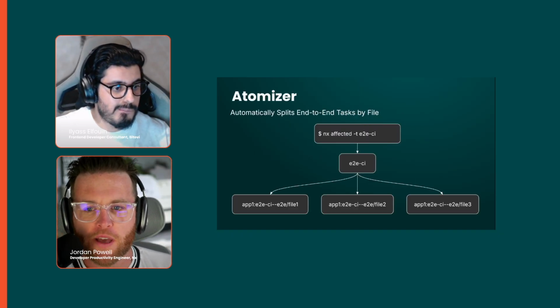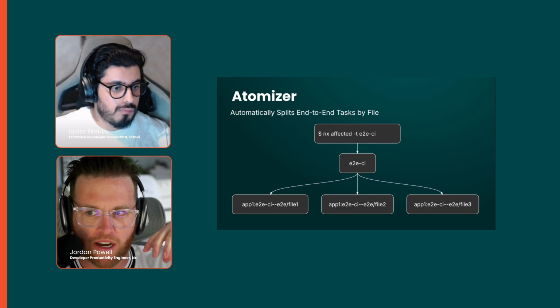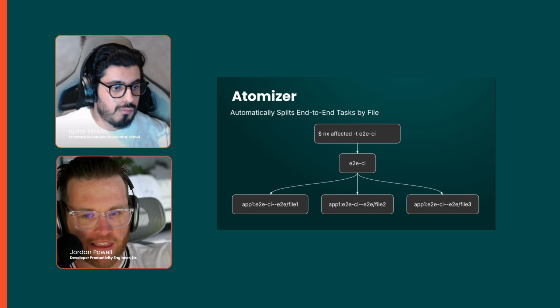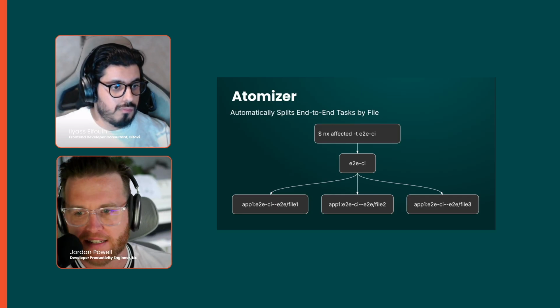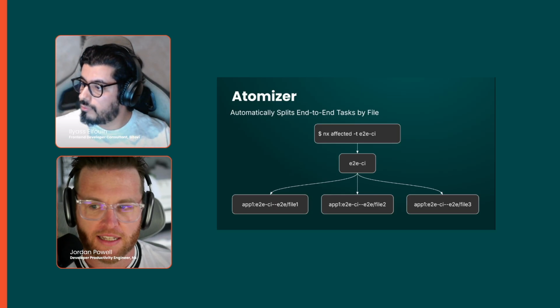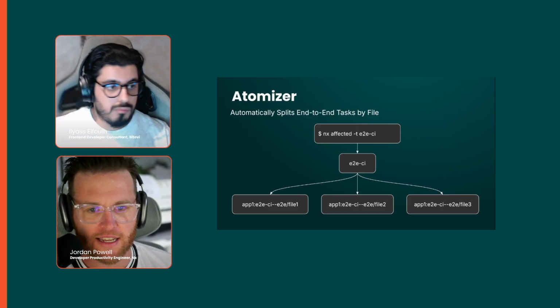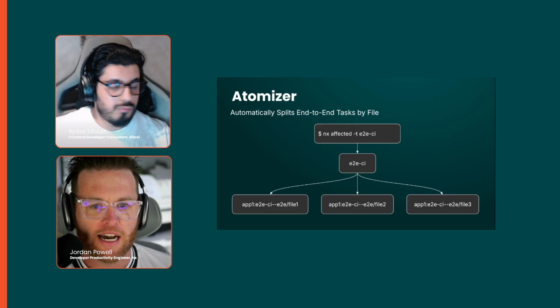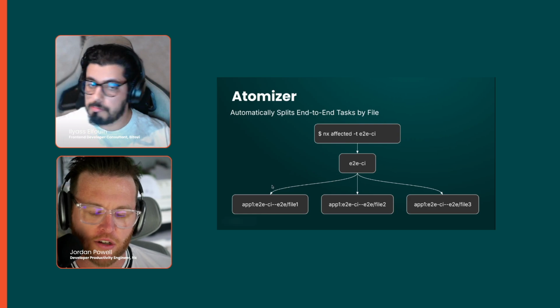With the Atomizer, basically what it will do is run a task. Primarily think of it for end-to-end tasks, like your Cypress test or Playwright test, things like that, which typically take a long time to run.